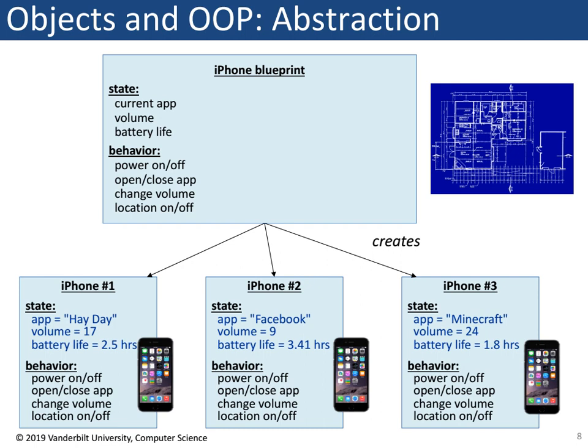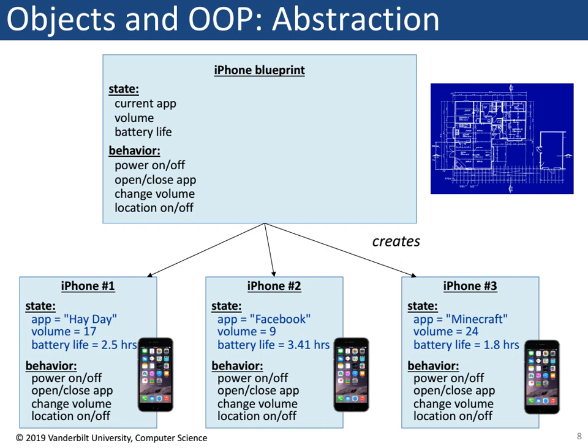But then, all of that is hidden inside of our class. And instead of exposing all that very complex detail, we give certain behaviors that we deem appropriate or necessary.